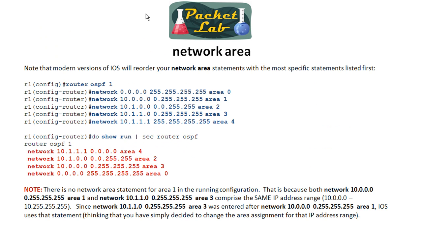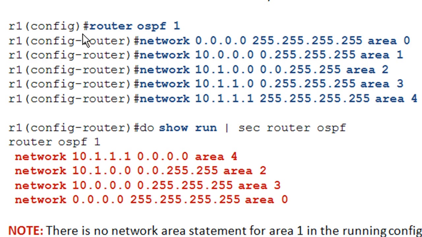So modern IOS versions are going to take your network area statements and they're going to reorder them so that when they appear in the running configuration, the most specific statements are going to be listed first. So here's our input. We go into the router process and we put in 5 different network statements. Now with the old version, it would show up in the running configuration in this exact order. As we saw in the last slide, we would never get past the first statement because everything would match that.